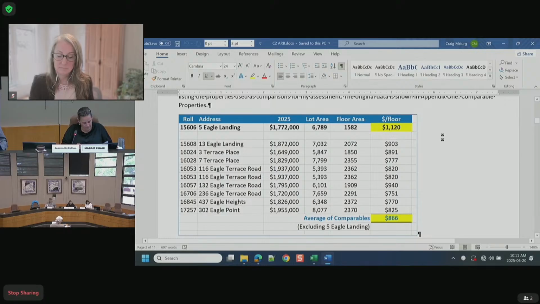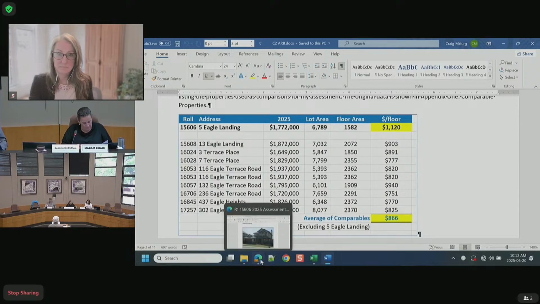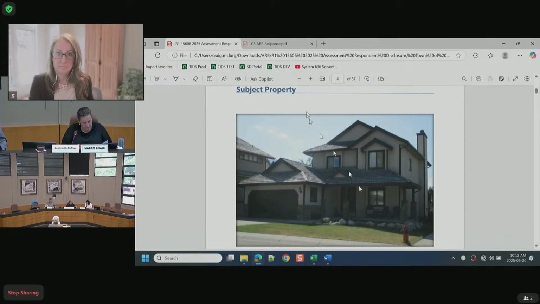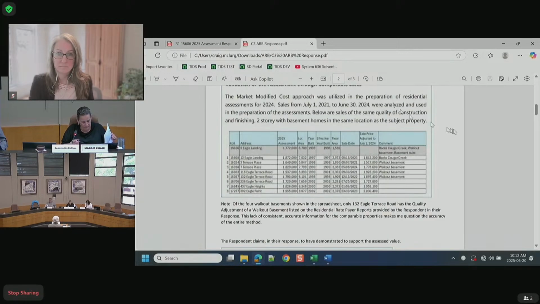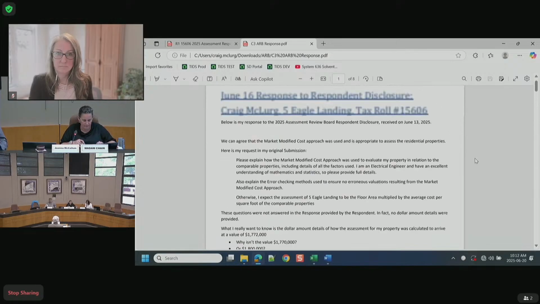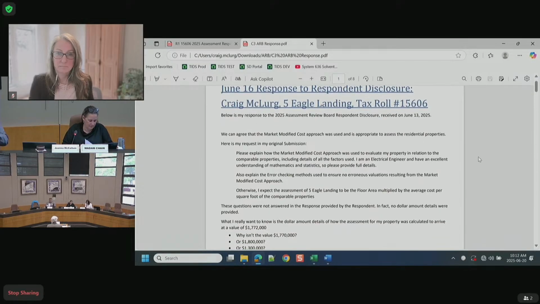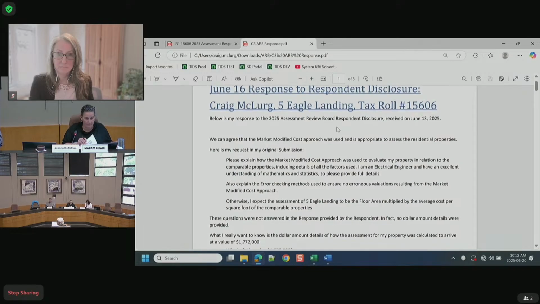In my document, I'm just going to pop over back to C3, which is my response, which summarizes my original submission. I don't know if that's big enough for you to see, but what I wanted to do is have everyone on the same page, because I know there's a lot of paper.